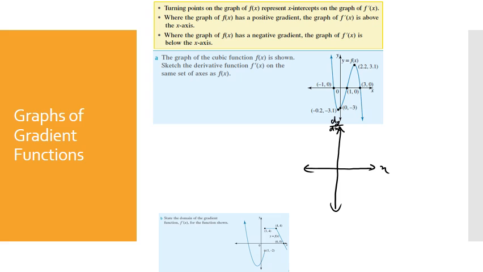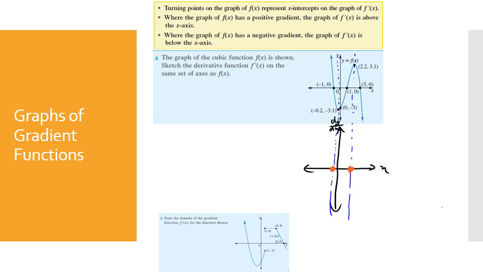The reason for that is, if you graph it underneath and you put a ruler down, wherever you see a turning point, you can match it and put it on the graph underneath like so. So these two particular points, gradient is going to be 0.